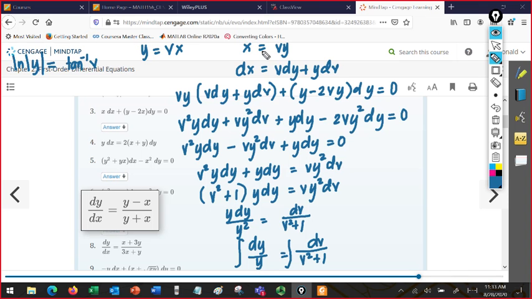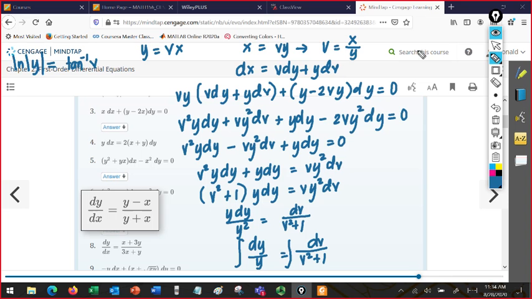But from our substitution, v is, you solve for v. V is x over y. So maybe tinanggal uli dito ang natural log.